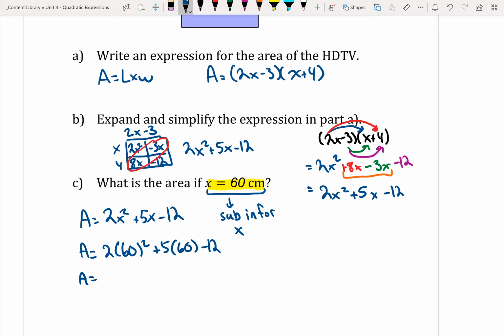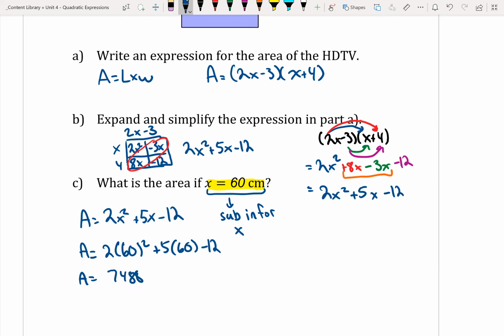When I go through and solve that, 60 times 60 times 2 plus 5 times 60 and minus 12. 7,488.